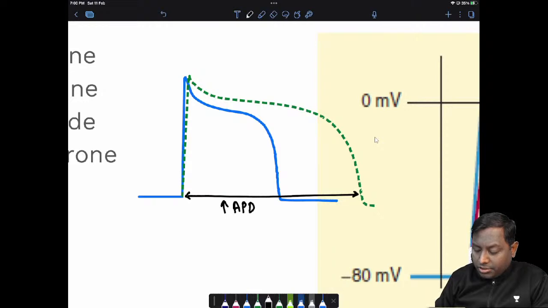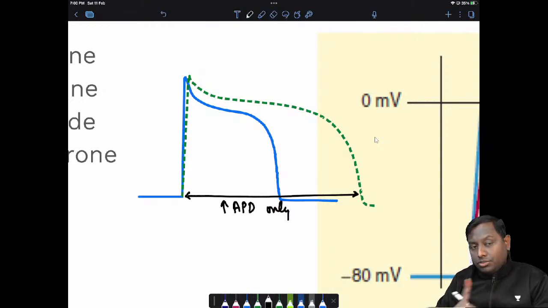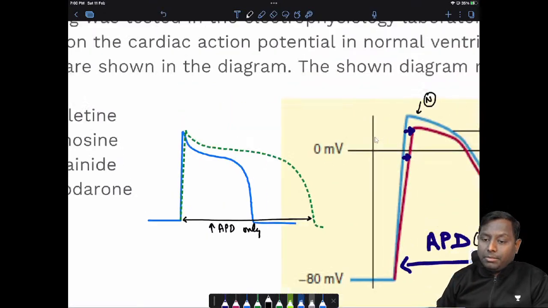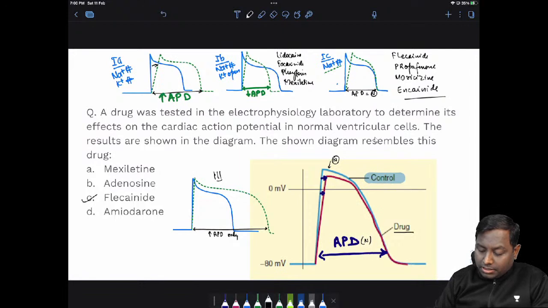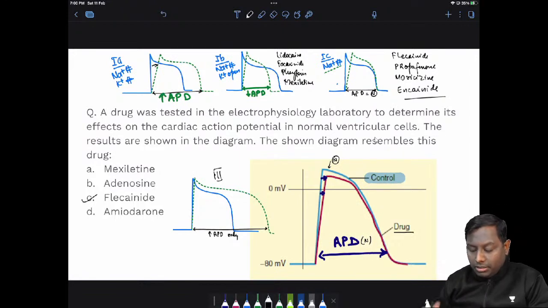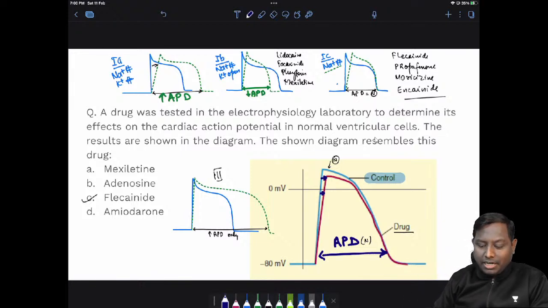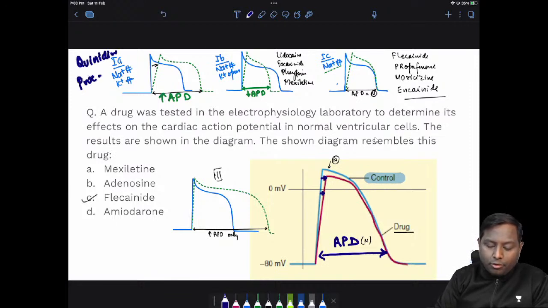This is possibly a class 3 antiarrhythmic drug. That means it is only and only a potassium channel blocker. I hope all of you have got this, and you will never make a mistake in this type of graph if it is asked in your examination, right. Class 1A drugs will be your quinidine, procainamide, disopyramide. Okay, great.